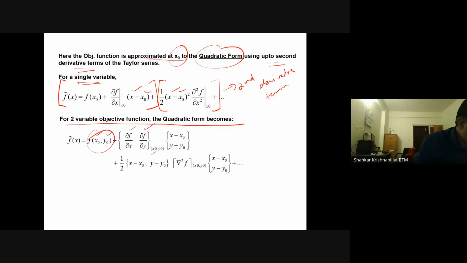You have to know this. And then you need to find this Hessian matrix, or the del squared of the objective function, the second derivative matrix. So del squared f at x0, y0 also has to be known. This is the Taylor series truncation up to the second derivative.